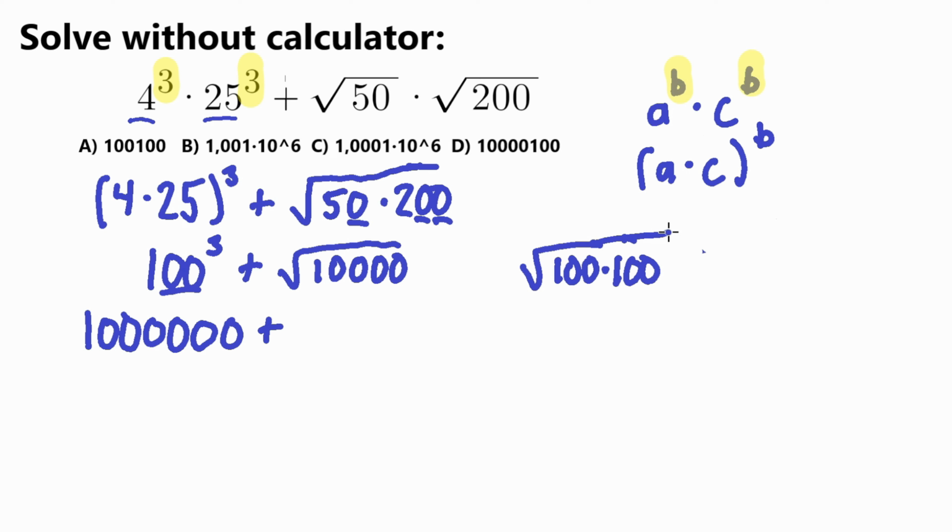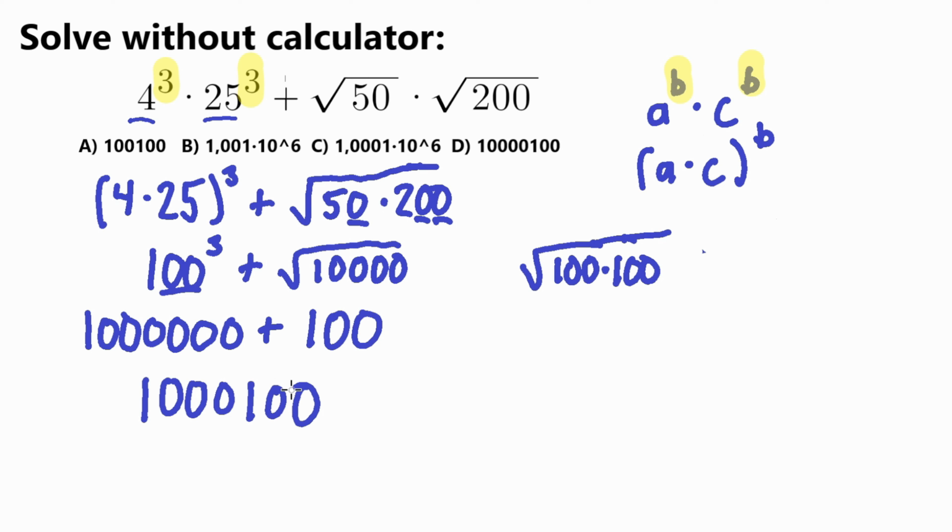Since if we were to multiply 100 by 100, we'd add 2 zeros and it'll give us 10,000. So since it is 100 times 100, the square root of 10,000 would be 100, right? So this is just this number here plus 100, which means our final answer is 1,100,000. So that is our answer.